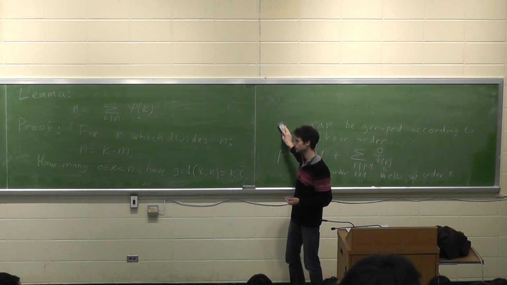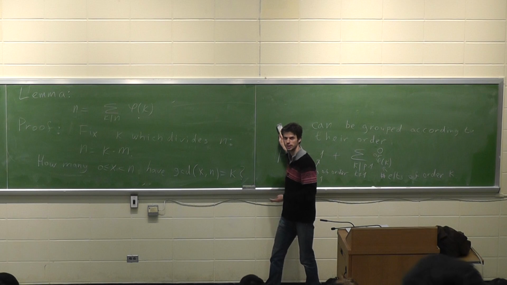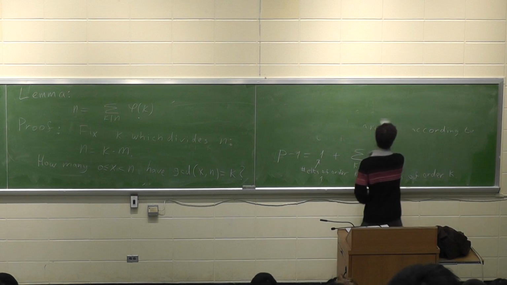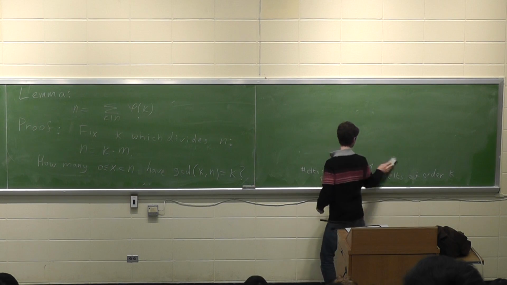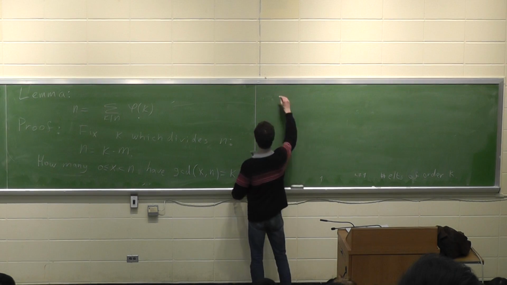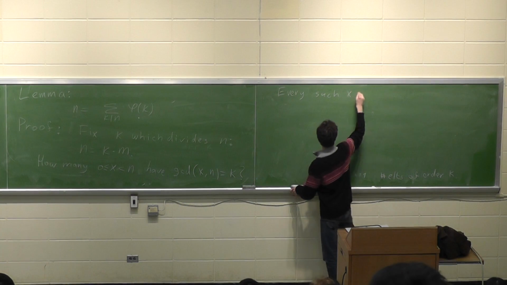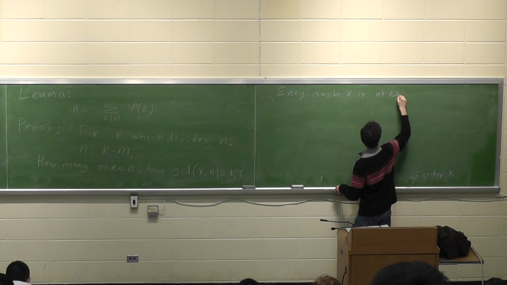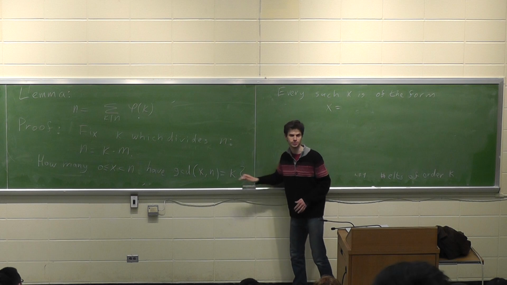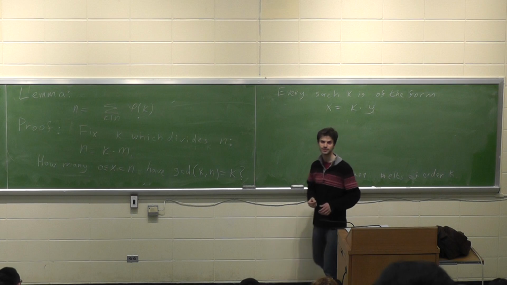Now suppose I pick some divisor k of the number n, and I want to find out how many numbers have greatest common divisor with n equal to that number. It's not hard to construct such numbers. Every such x is definitely divisible by k, so it is of the form k times some y.